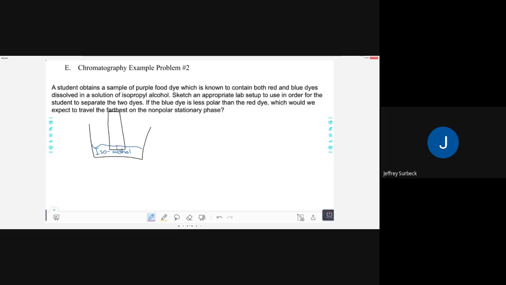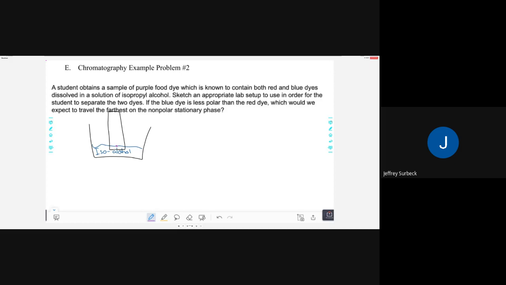And then we have this. It says, and this is important, that blue dye is less polar than red dye. Okay. So if blue dye is less polar than red dye, alcohol, do you predict it to be a polar or non-polar solvent?